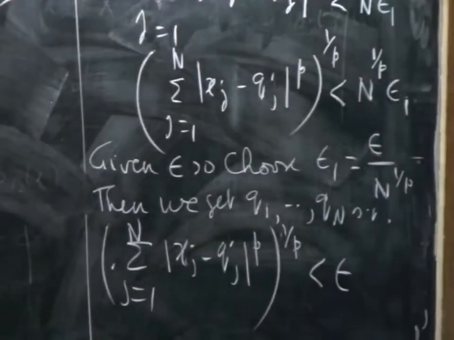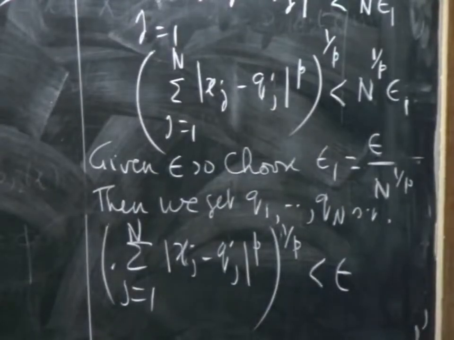So if we let q equal to (q1, ..., qn), then rho p (x, q) is less than epsilon.